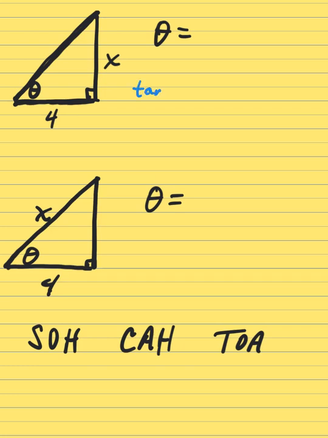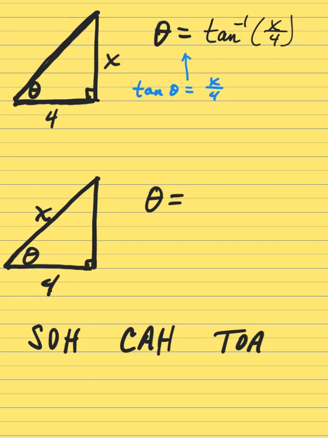Tangent of the angle is equal to the opposite length over the adjacent length. Now when it comes to isolating theta, you invert your trig function. So this theta is going to be equal to tan inverse of x over 4. Your ratio doesn't change, but the appearance of your equation does.